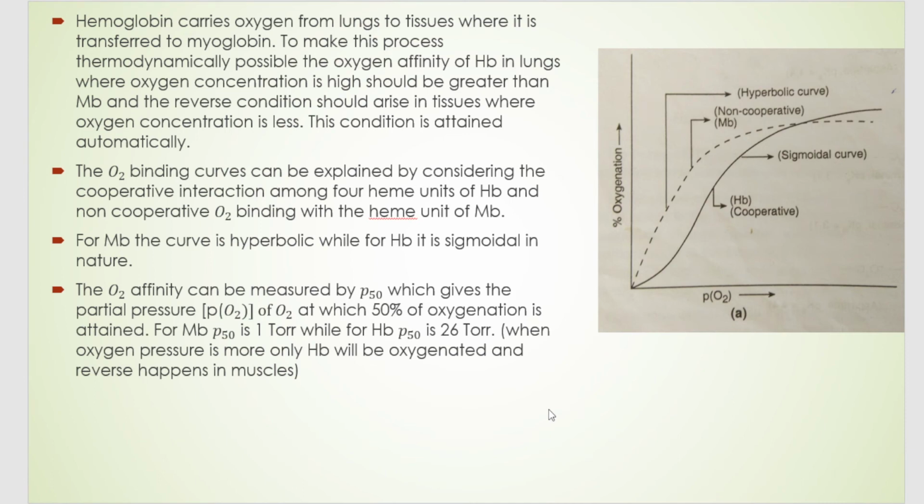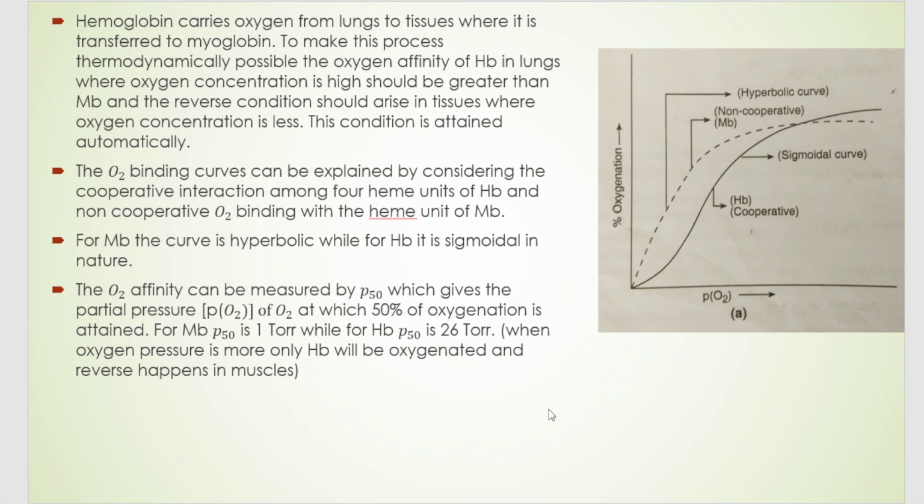For this to occur, how does this happen in your body actually? How does hemoglobin take up oxygen? It is not like a vehicle, correct? It should work in a certain way. So how does hemoglobin take up oxygen from the lungs? How does it bind to the oxygen in the lungs, and why does it leave this oxygen in the tissues? This also can be explained from the cooperative effect.